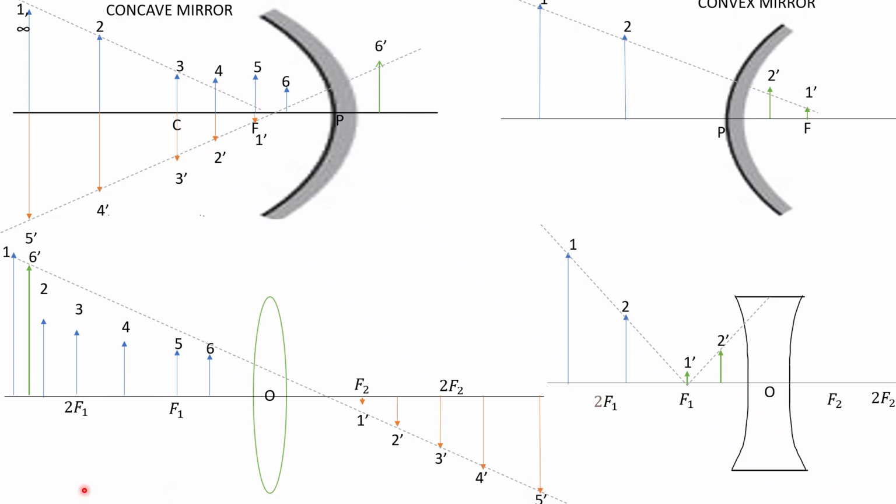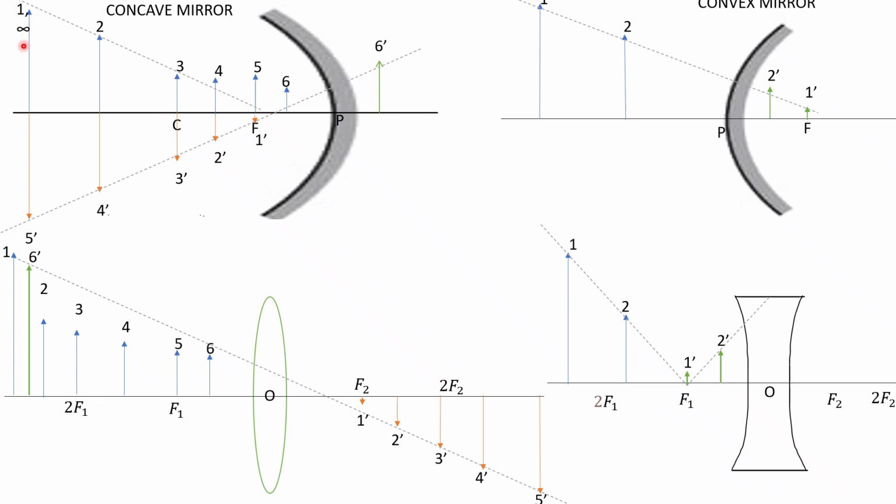Now, beyond F, that is in between F1 and O, you have crossed infinity, so you have to make a virtual image. Virtual images of a lens will be on the same side, so you will show an enlarged image on the left hand side of the lens. It will be formed beyond 2F1 as it is an enlarged image.